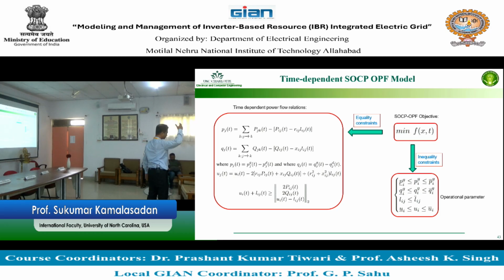Because of intermittency, you need the DER output. From the same location, I have DER output and load output. DER output plus or minus load output is generally called net load.